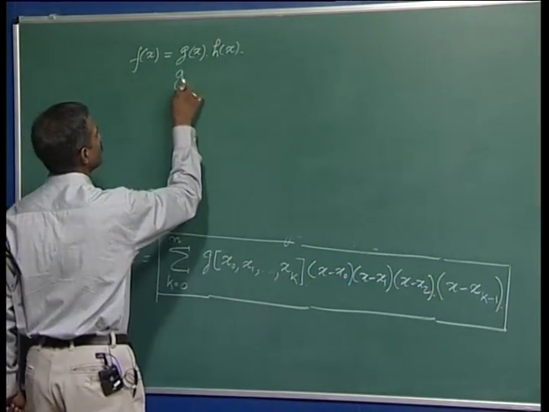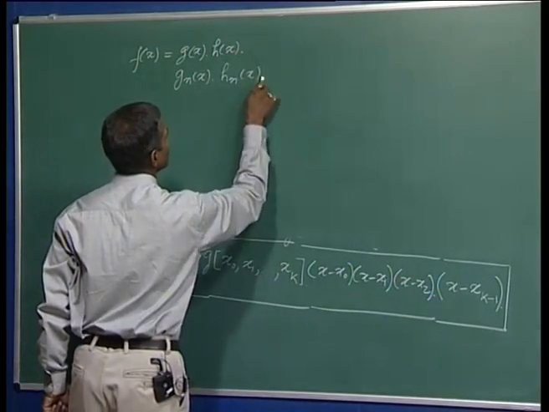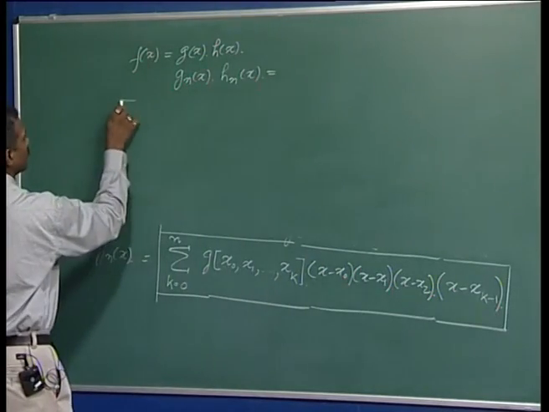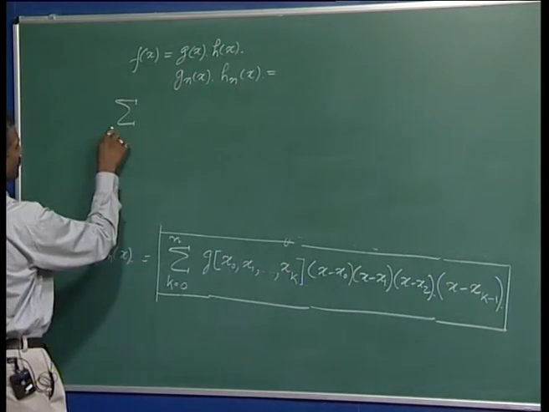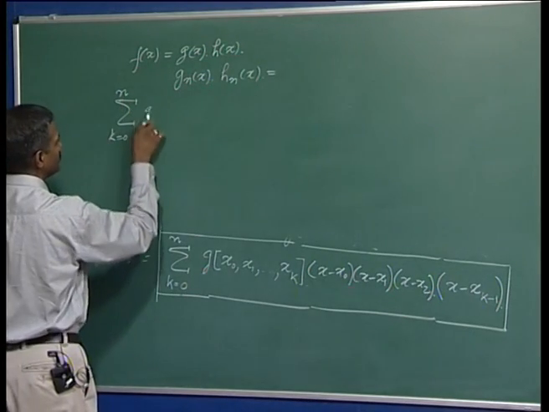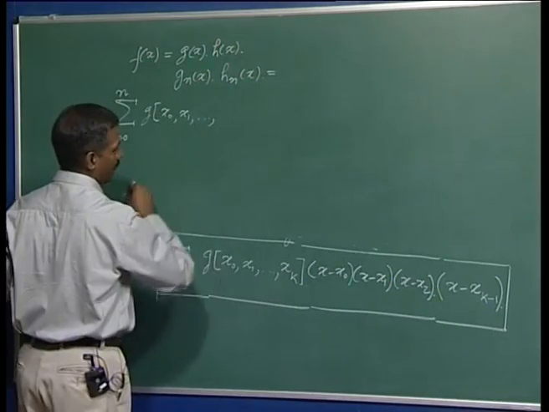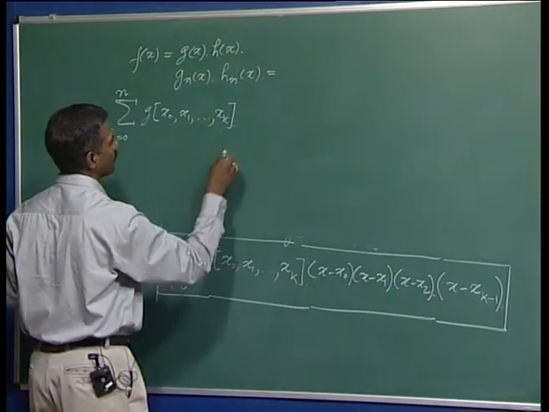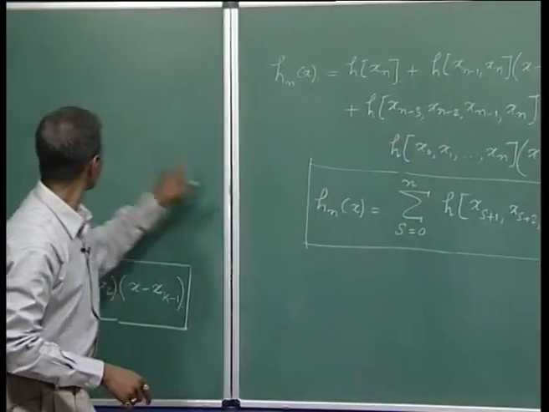So gn of x times hn of x will be equal to summation, copy this expression here, k equals 0 to n, g of x0, x1 up till xk, copy this expression here.